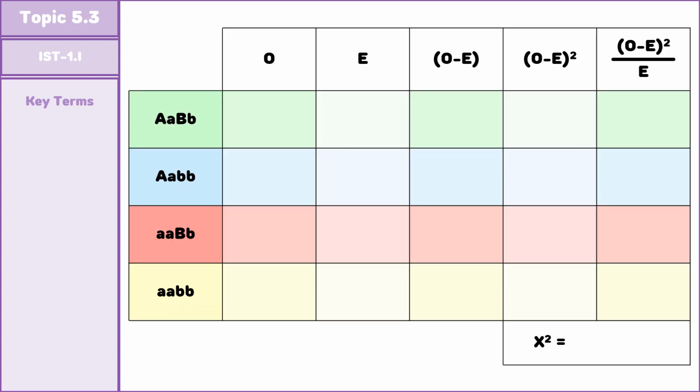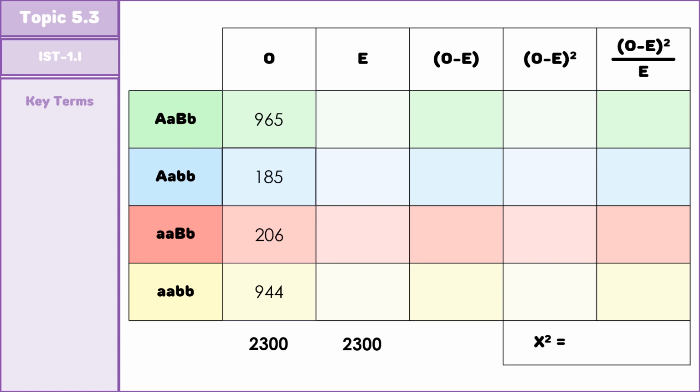I would do much the same as I did with my monohybrid practice problem. I would want to set up a table. Now I have 4 potential outcomes, so I've had to expand it a little bit. But we would do the same: we would plug in our observed values. We would then determine our expected values based on the total number of individuals we have.